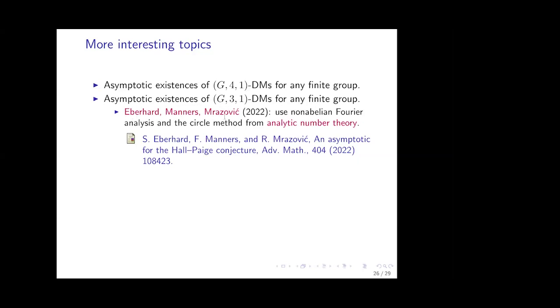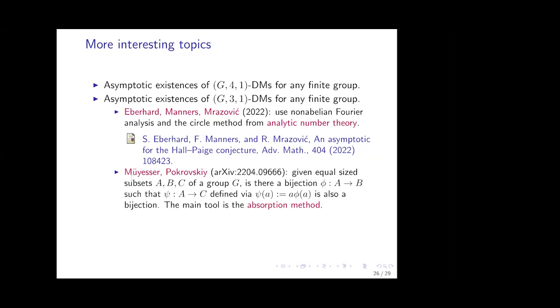Eberhard, Manners, and Mrazović in 2020 used non-abelian Fourier analysis and the circle method from analytic number theory to establish the asymptotic existence of (G, 3, 1) difference matrices. Actually, they did more. They gave the number of such matrices. We know that if the number is greater than or equal to 1, it exists. They discussed the number of these matrices.